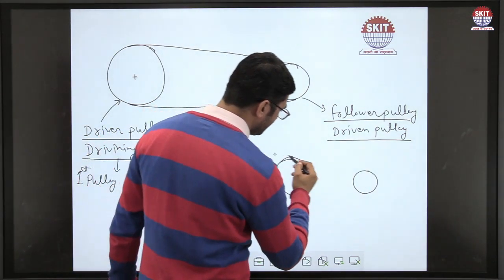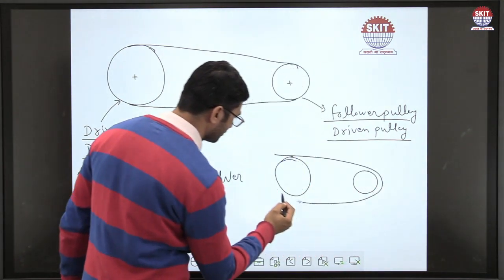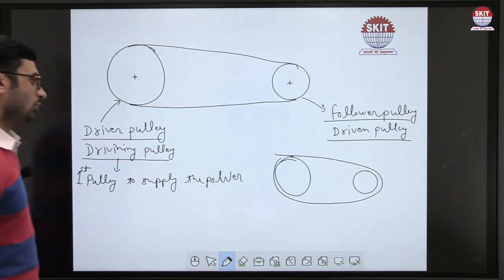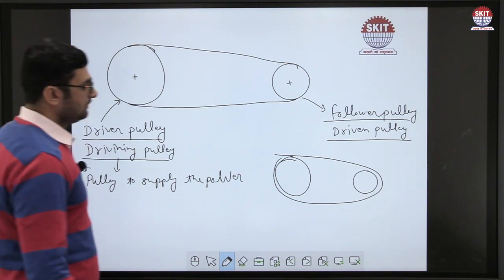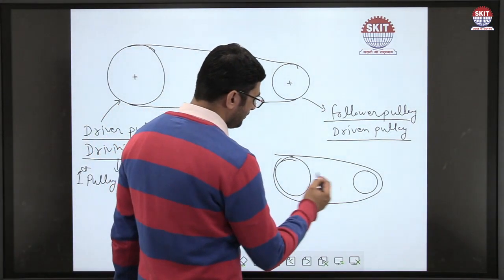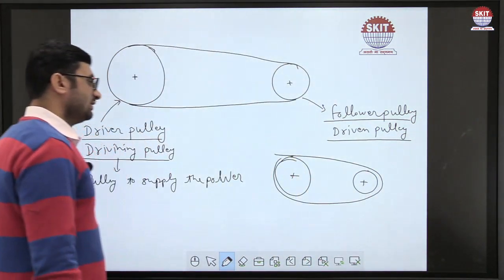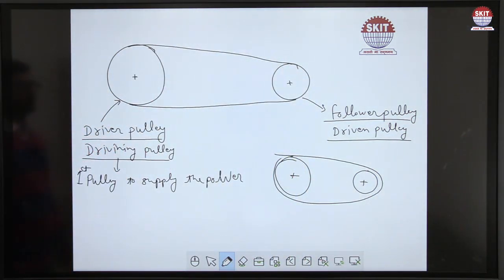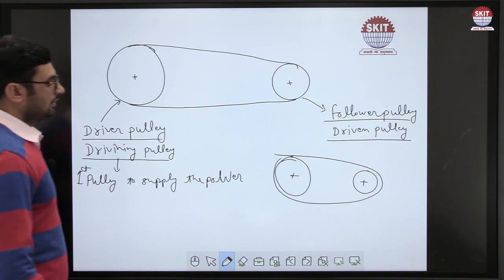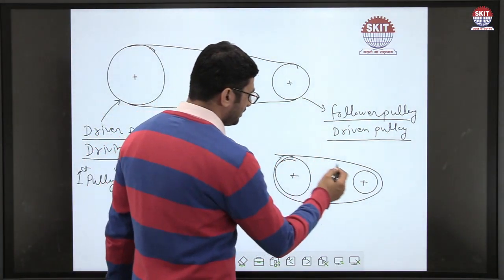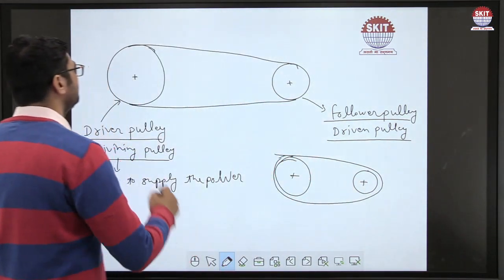If the belt is very loose, then we cannot transfer the power from one shaft to another shaft. To transfer the power, we require the belt to be tight on the two pulleys.